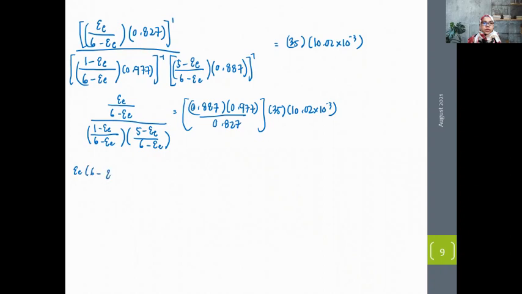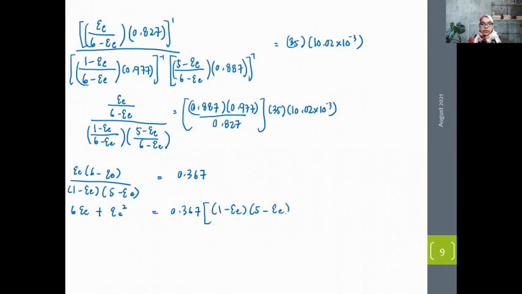You solve this, and we have 1 minus epsilon E times 5 minus epsilon E equal to 0.367, and then we have 6 minus epsilon E, and also 5 minus epsilon E. You expand this to give a quadratic equation.